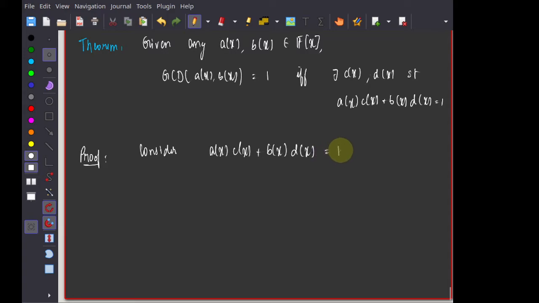So suppose that this is equal to 1. Okay, what can we say about the GCD of a and b? Right? Now, if the GCD of a and b were not equal to 1, would something be violated?